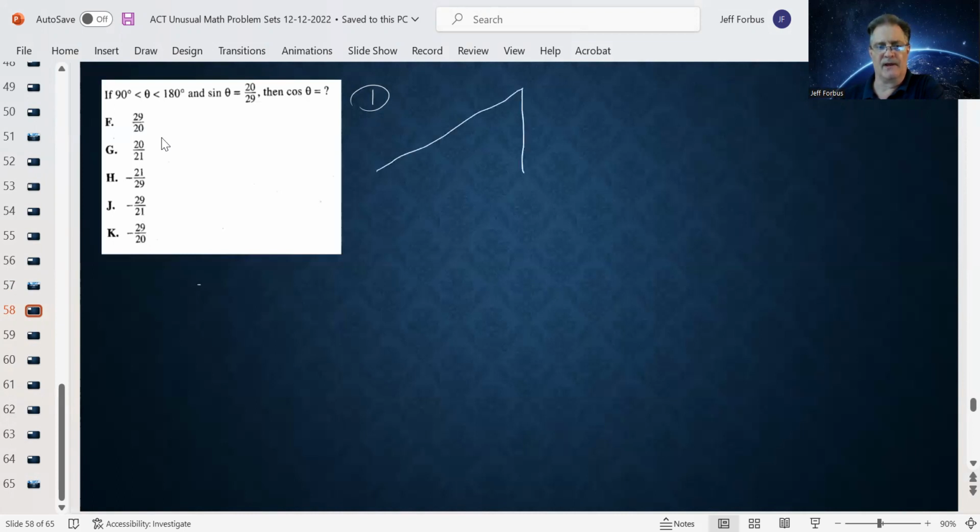So here's our triangle. Here's our right angle. I'm going to look at the triangle from this angle over here. Let's call it A. Let's call this B. Let's call this C. Now that makes this side the opposite. That makes this side the adjacent. And then the side across from the 90-degree angle is the hypotenuse.